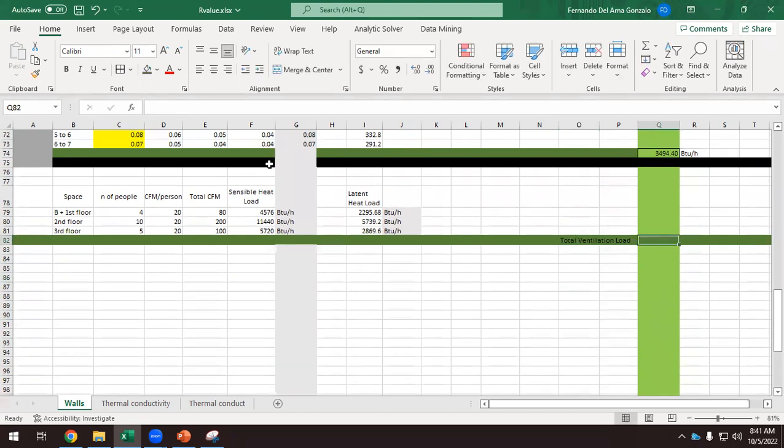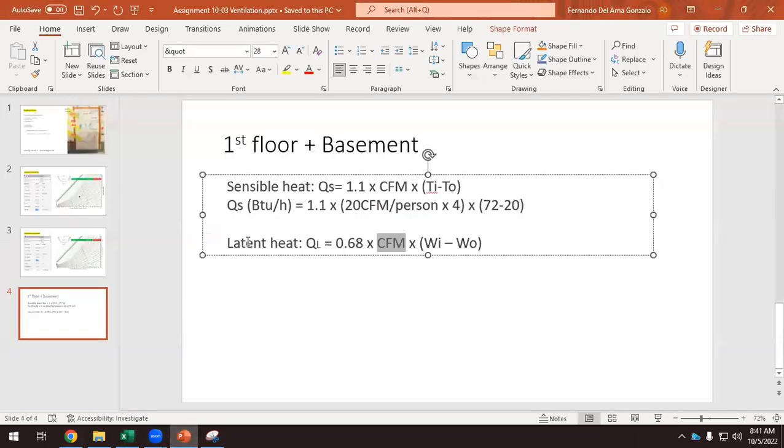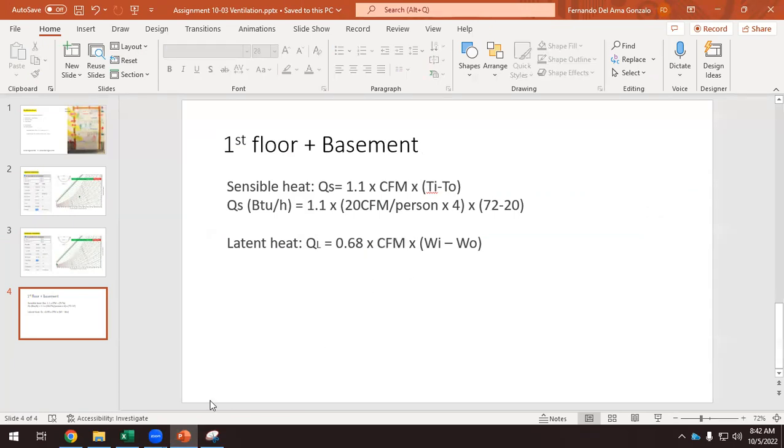So for the total ventilation load, I have to add up all the sensible heat plus all the latent heat. I'm sorry, was the formula times the total CFM? Yes, it's 0.68 times the total CFM times indoor wet bulb minus outdoor wet bulb. Thank you. If I'm not wrong, yeah, it's 0.68 CFM indoor minus outdoor.